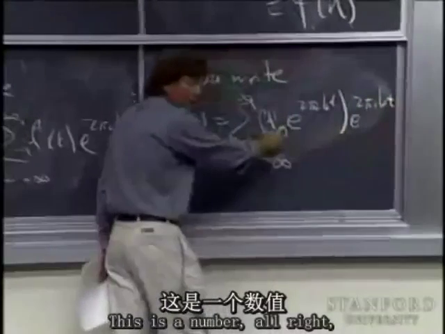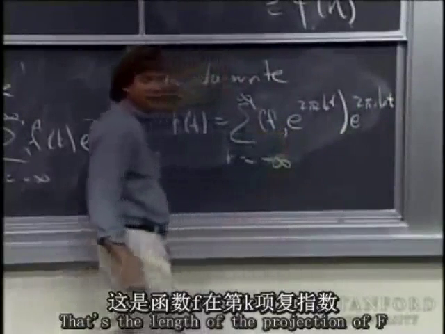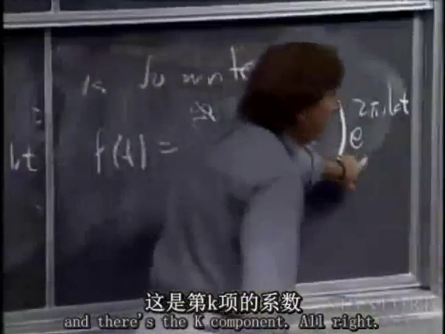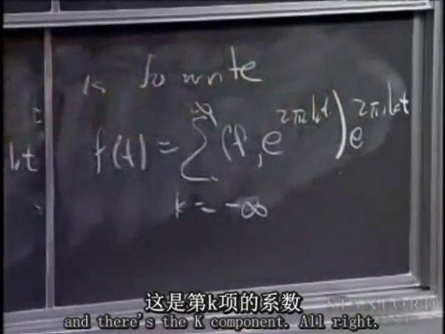This is a number, all right? That's the Fourier coefficient. That's the length of the projection of f onto its kth component. And there's the kth component. It's exactly what that is.